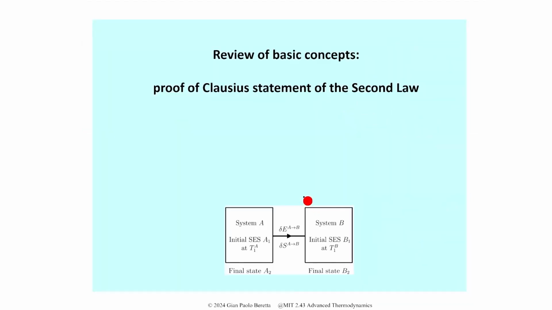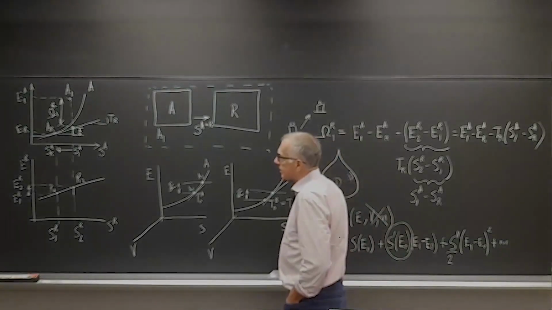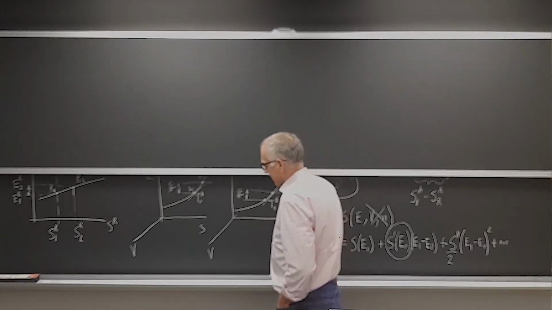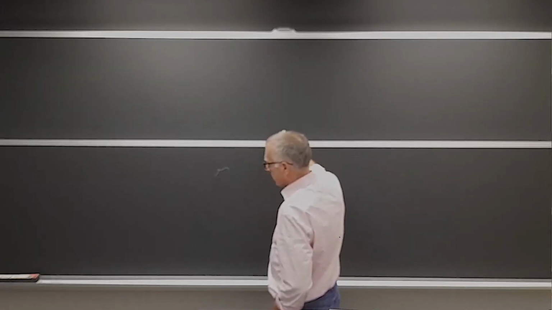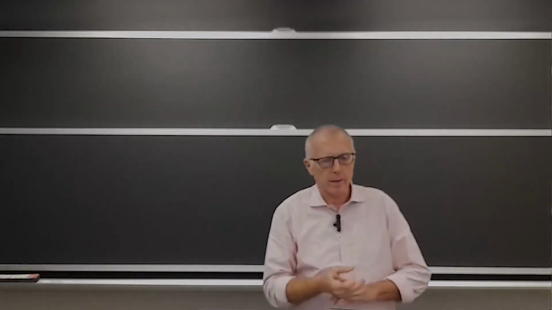Okay. Now we are ready for the next move. We want to prove the Clausius statement of the second law. We want to capitalize on the fact that systems can exchange energy and entropy.